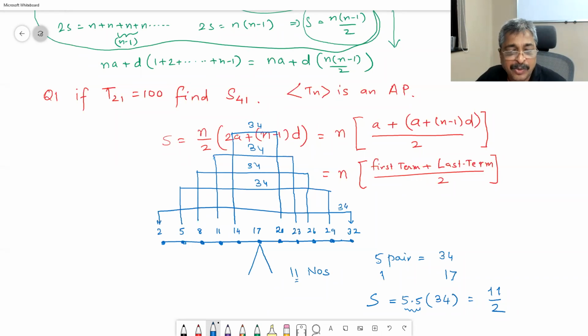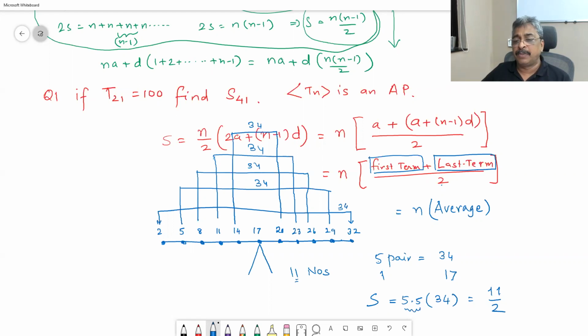But then, do you really have to look at this every time? It is okay if you add the first term to the last term, you get the sum, and first term plus last term upon 2 is the average. So the sum of all the numbers in an arithmetic progression is the average of those numbers into the total number.